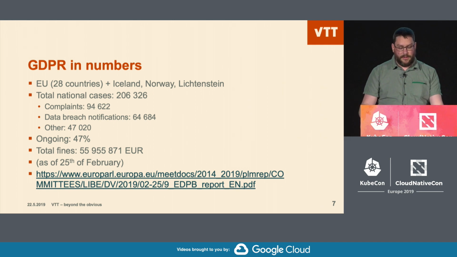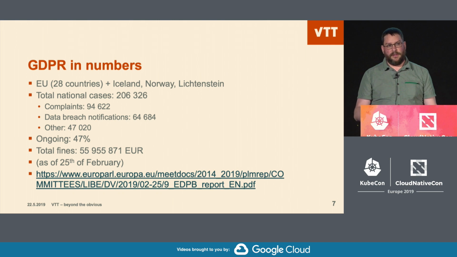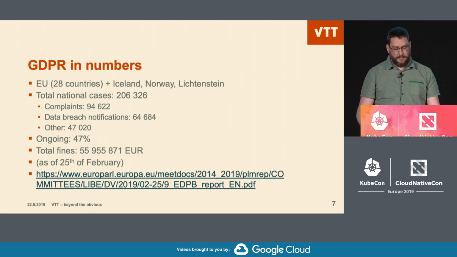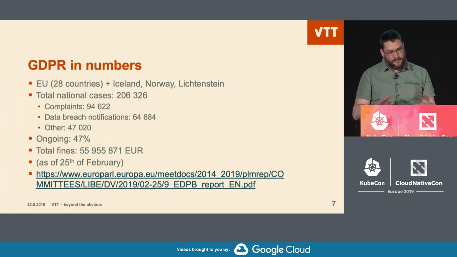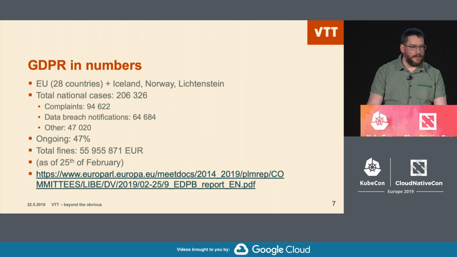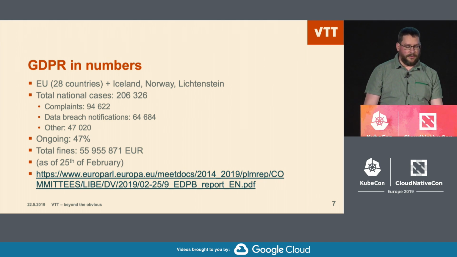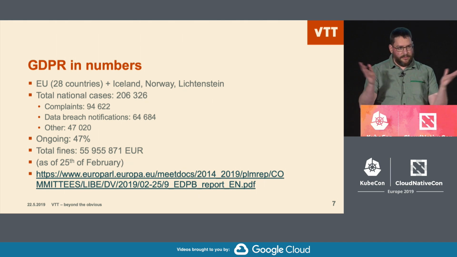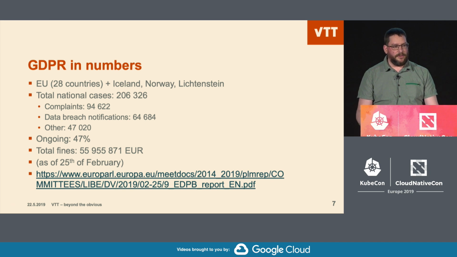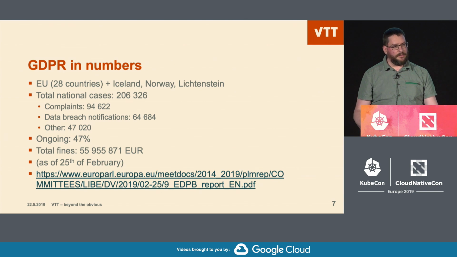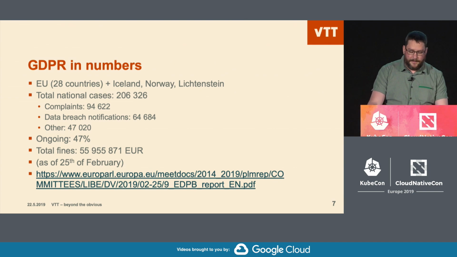Out of these 200,000 cases, 47% of them are still ongoing because these data protection offices were severely undermanned in practically all the countries in the EU. So they are now extending these offices in some countries like Ireland, where many of the big companies have their headquarters. They had to extend by almost 40% of their previous personnel.